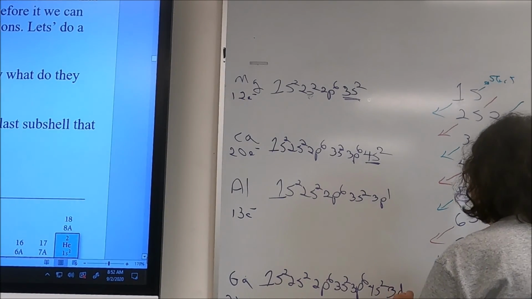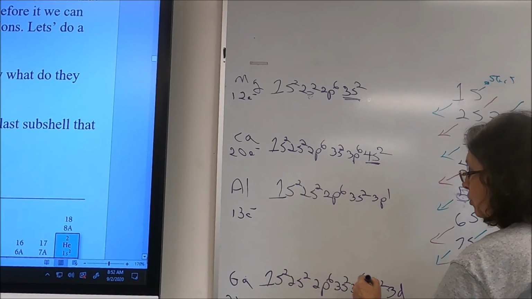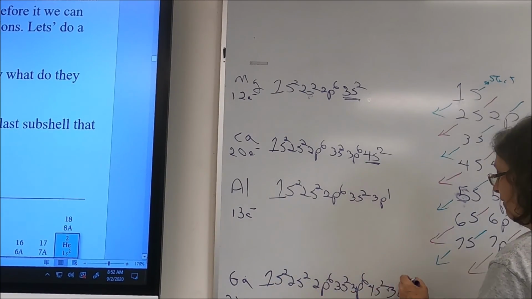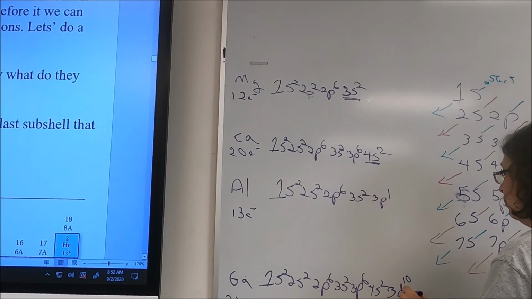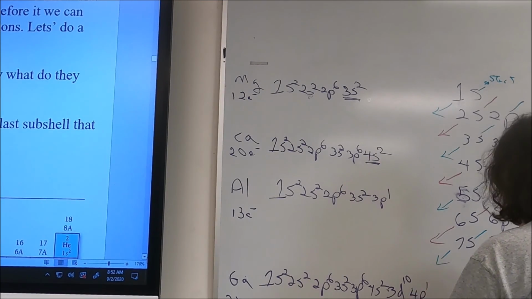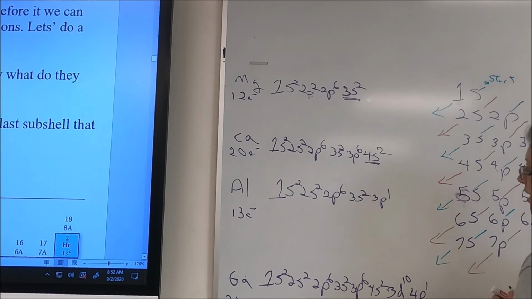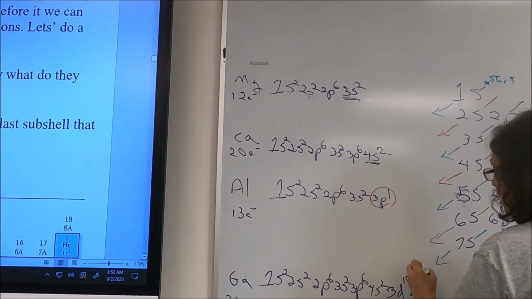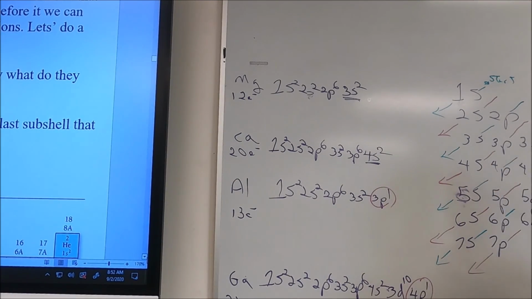So 3d is next, it'll hold 10. 20 from 31 is 11, so I can fill the 3d subshell up, and then after 3d comes 4p in energy, 4p1. So notice here that aluminum and gallium both end in p1. And that's the reason why they're going to end up in the same column on the periodic table.